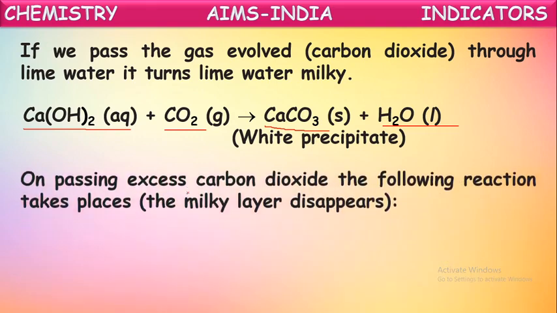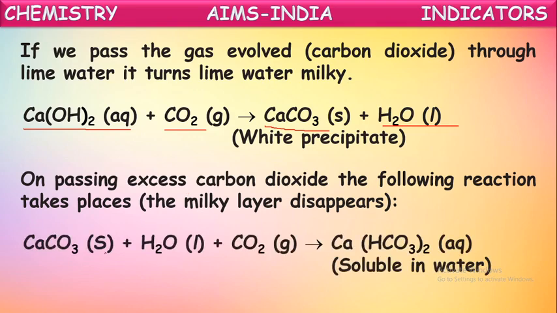Now if we pass some more carbon dioxide, that is, on passing excess of this carbon dioxide, the following reaction takes place. By that, the milky layer formed first will disappear. Why?